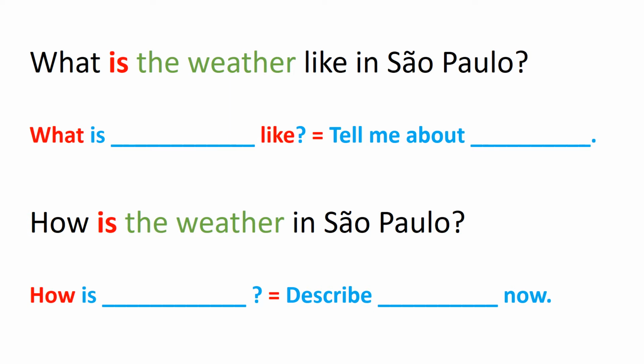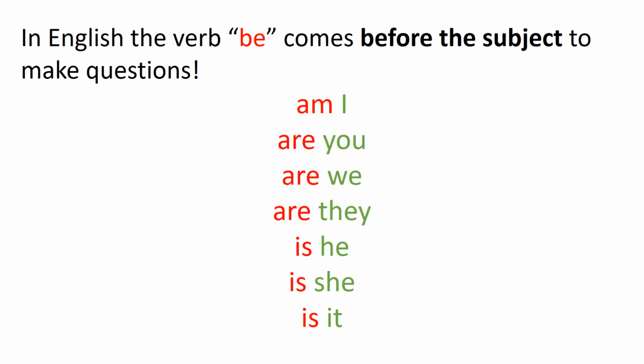Let's move on. All right, so in English, the verb be comes before the subject. So am I, are you, are we, are they, is he, is she, and is it.